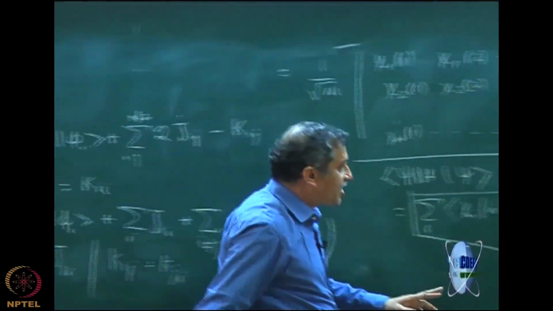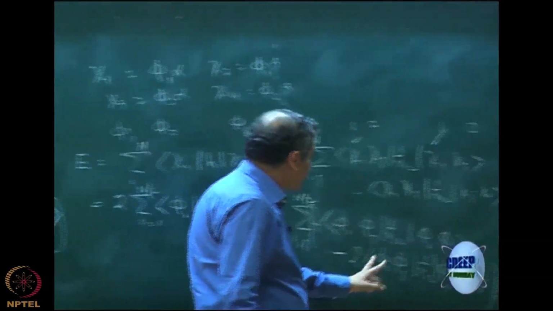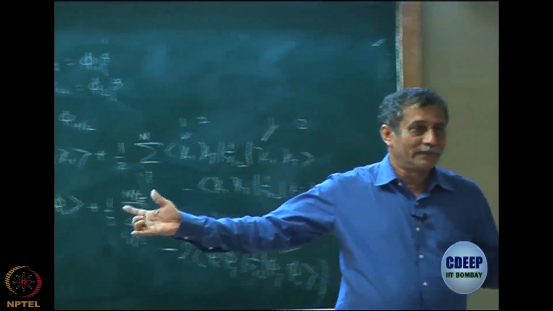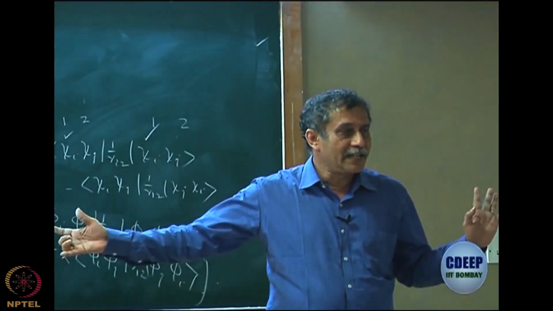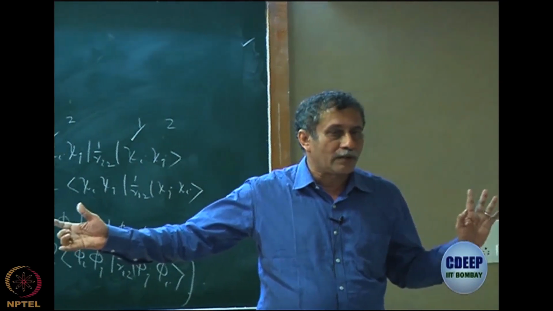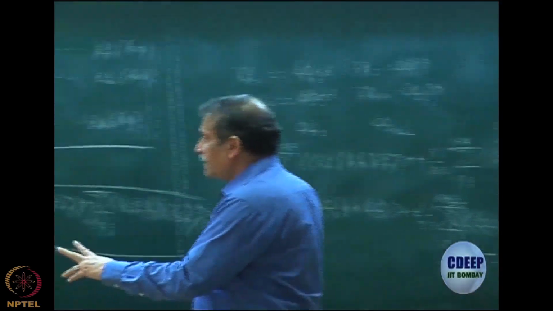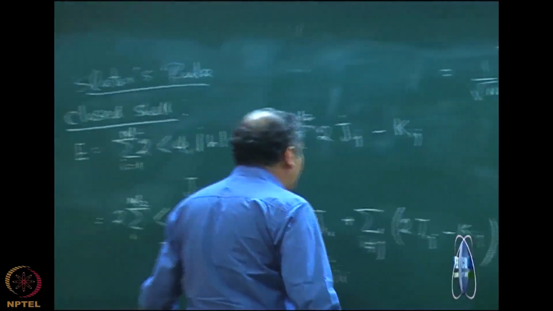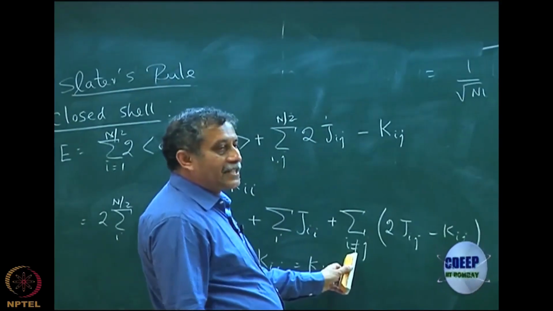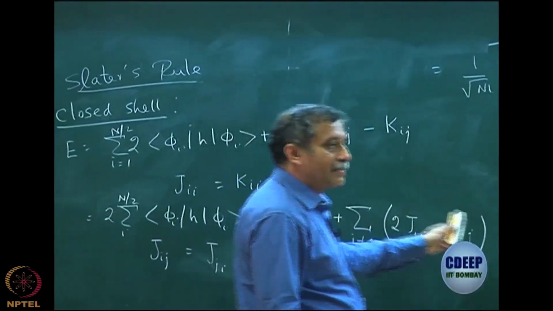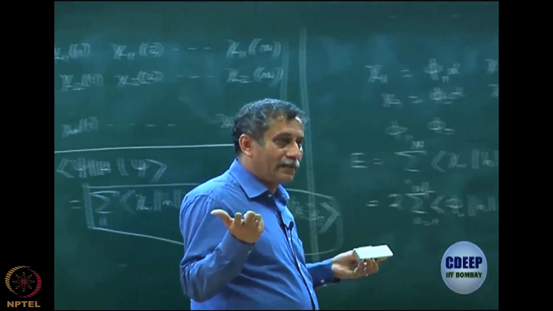That is, if I interchange i and j, the J and K remain the same. That's the same argument. That is basically because 1 and 2 electron coordinates are dummy variables. So that part is still correct. So I need not write all; I can only write i less than j and multiply this by 2. I can say 4Jij minus 2Kij, for i less than j pairs.